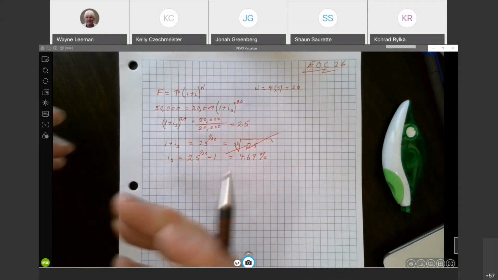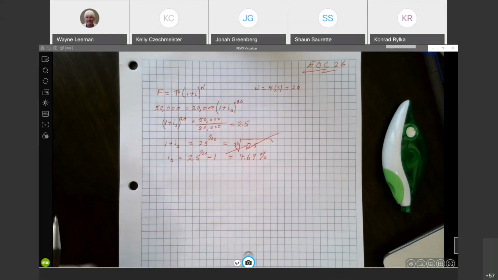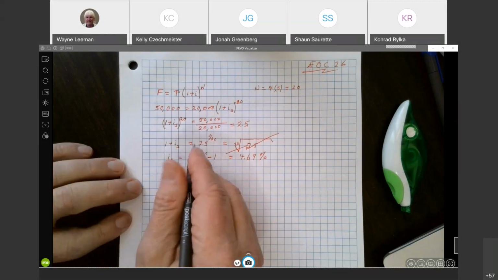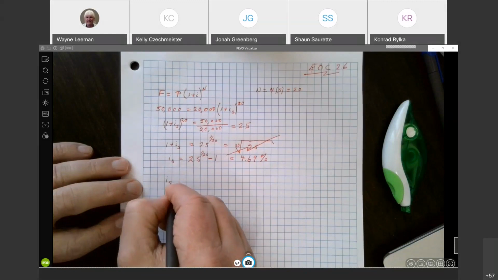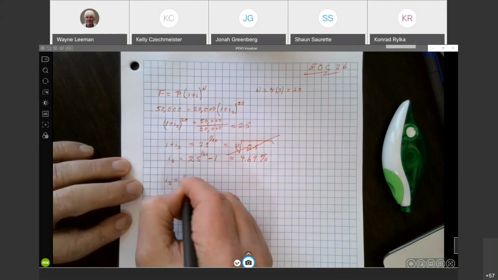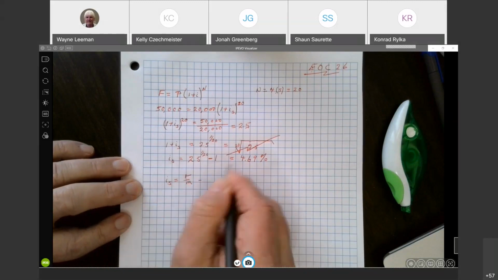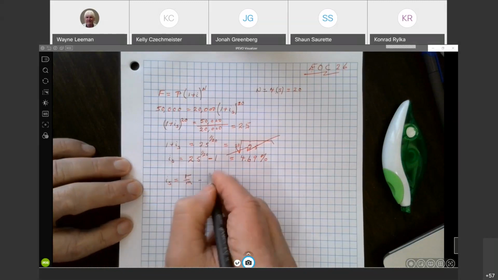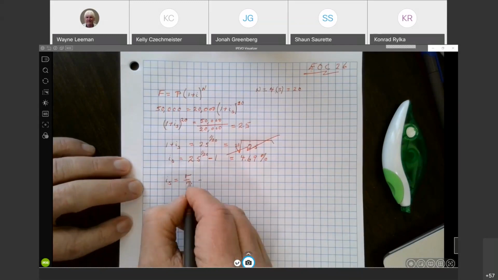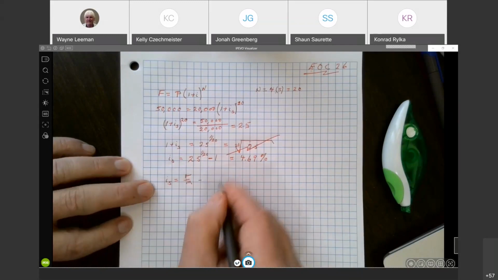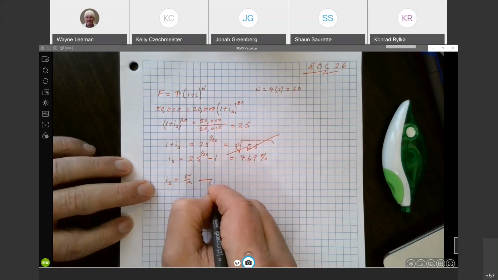But that's a subperiod rate, and we want the nominal rate. So we know that the nominal rate is going to be determined from IS equals R over M. And therefore we're looking for R. I'll do it this way to save some space here.